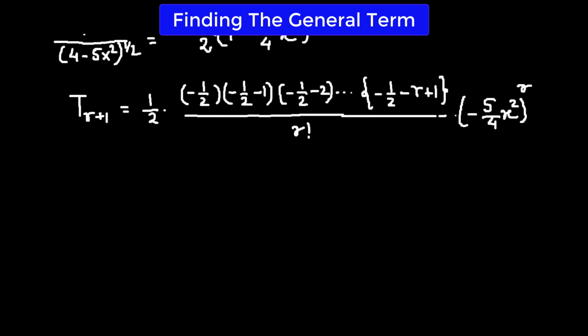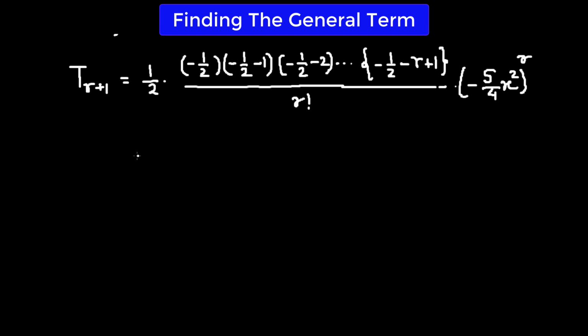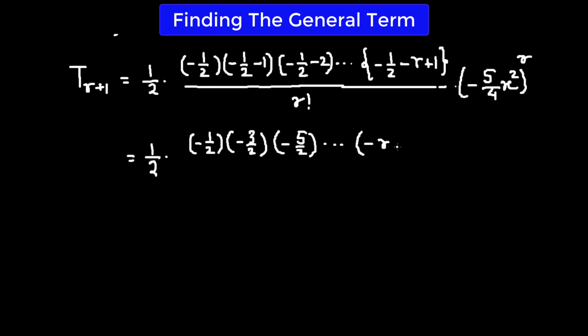Now we have to simplify the values. The first one will be half, let's keep it the way it is. So we have negative half times (negative half - 1), which is negative 3 over 2, times (negative half - 2), which is negative 5 over 2, all the way up to negative (r - half), divided by r factorial, times negative 1.